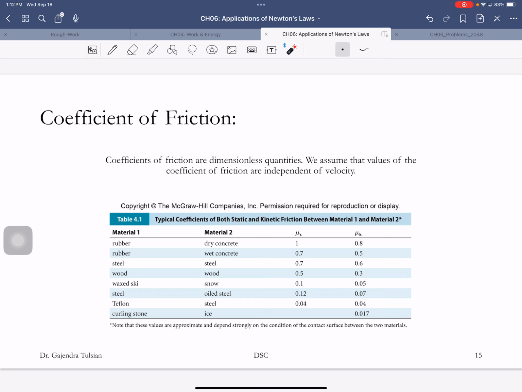These are numbers for various surfaces. Your joints, how long do they have to last? Your entire life. So those have some of the lowest kinetic coefficients of friction. The more friction you have, the more likely you are to cause cellular damage.